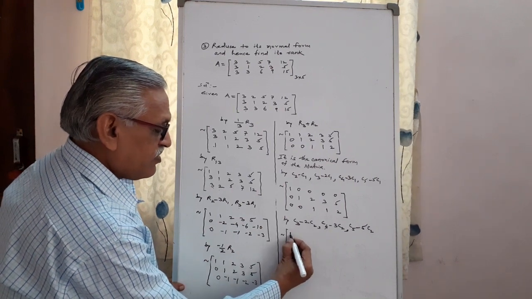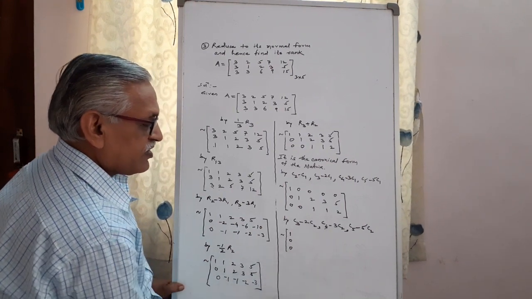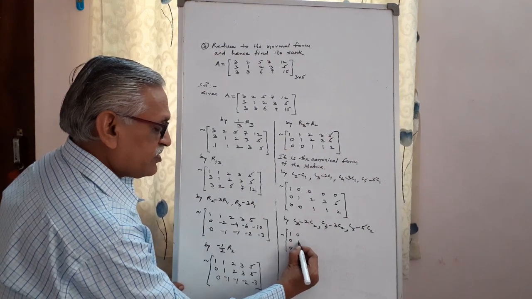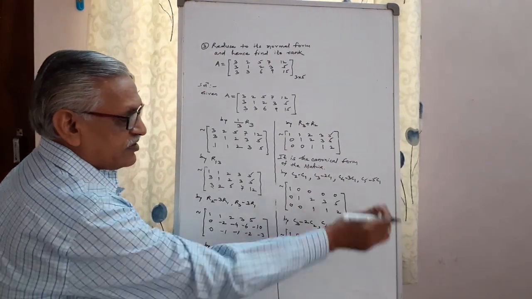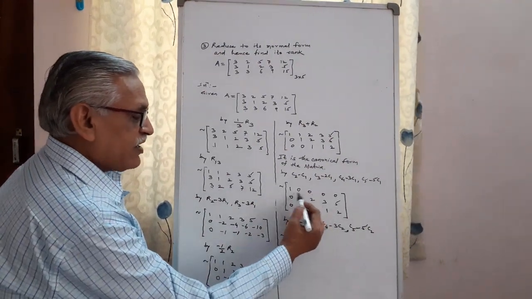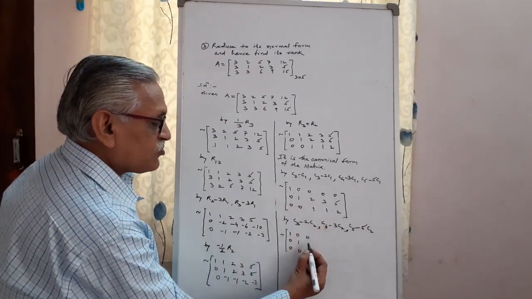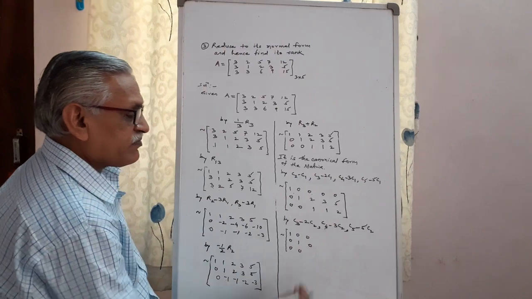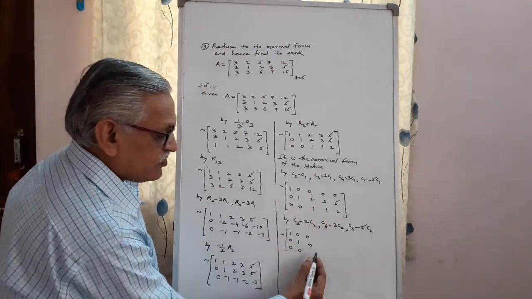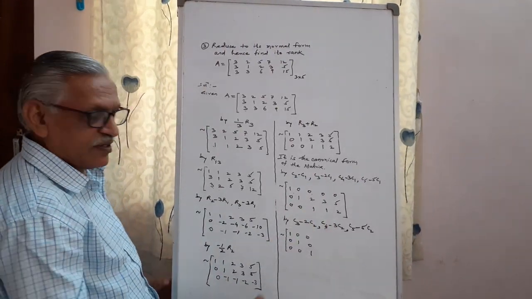Again column-wise, first column no change, second also no change, 0 1 0. Changes in the remaining. 0 minus 2 times 0 is 0, 2 minus 2 times 1, 2 minus 2 we get 0 here, 1 minus 2 times 0 is 1. Okay.